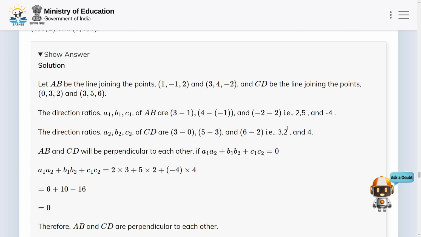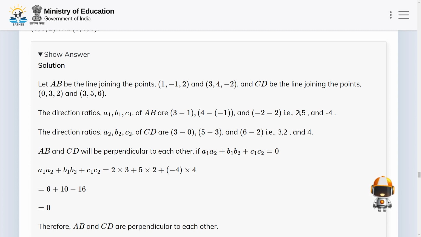Simple. Now if both of my lines are perpendicular, then what you have to do is a very simple thing: multiply each component with the corresponding component of the other direction ratios.